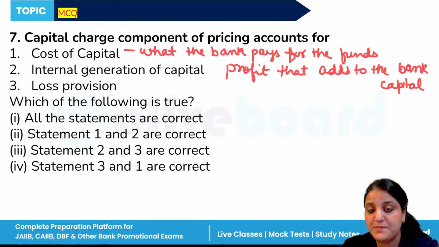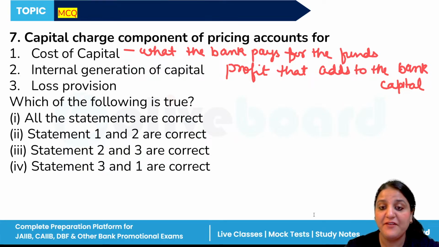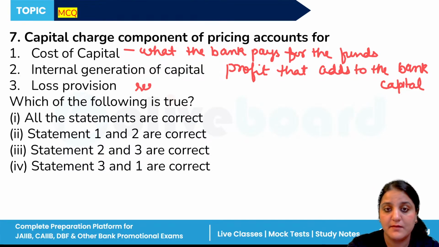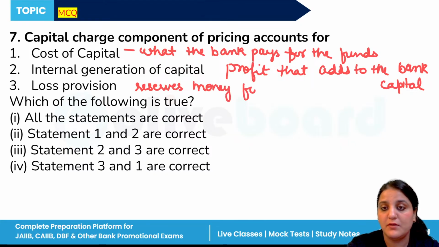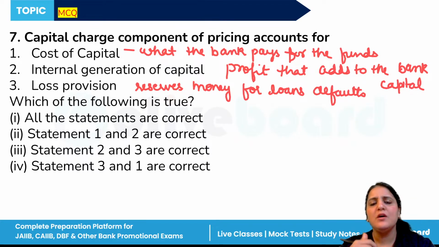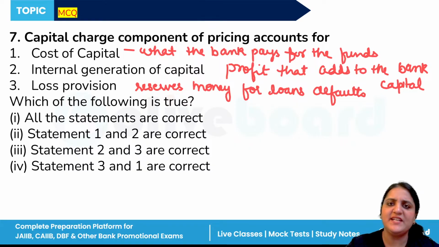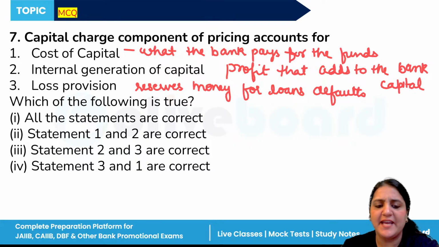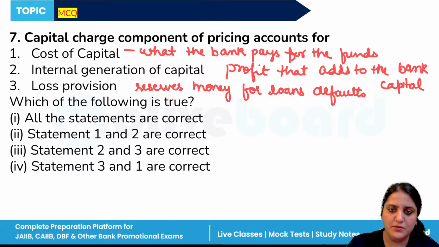And loss provision, banks have to reserve money for loan defaults. For bad times, they have to set aside some money for any type of loss or loan defaults.